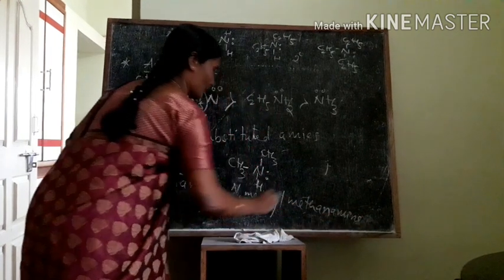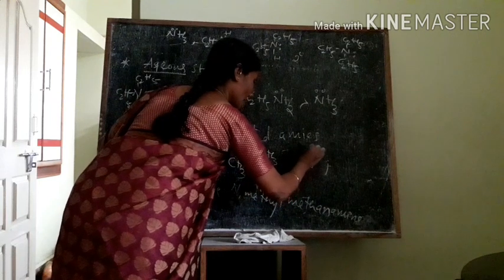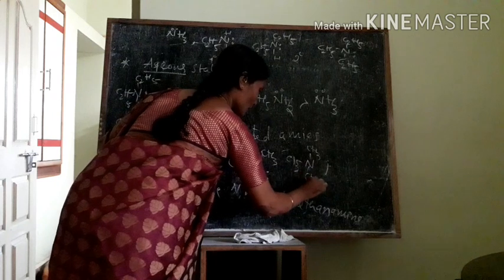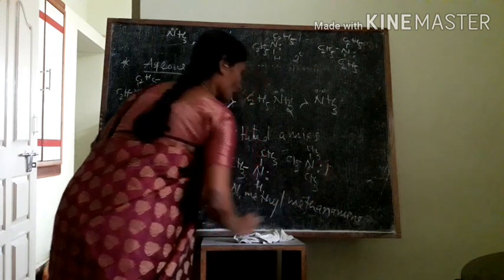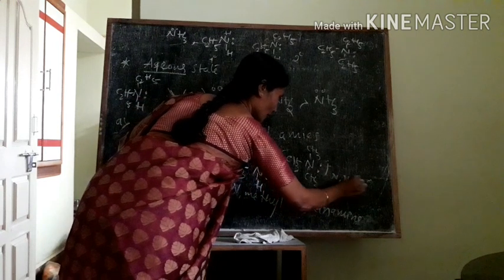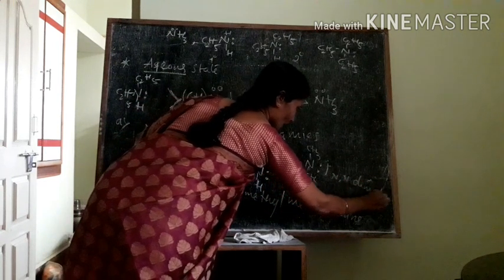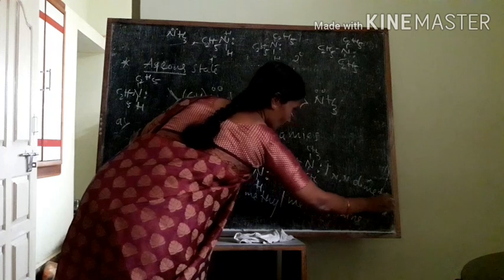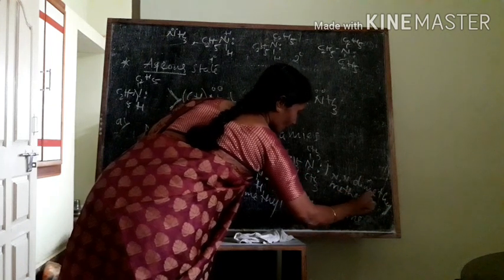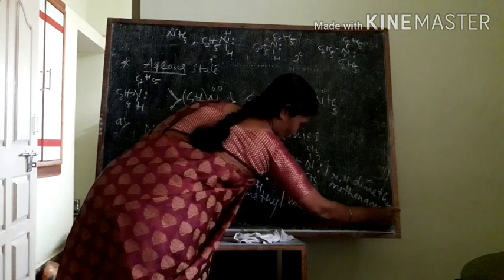And last is CH3 thrice with lone pair of electrons. Now the name becomes N,N-dimethyl methane amine. N,N-dimethyl methane amine. Okay.